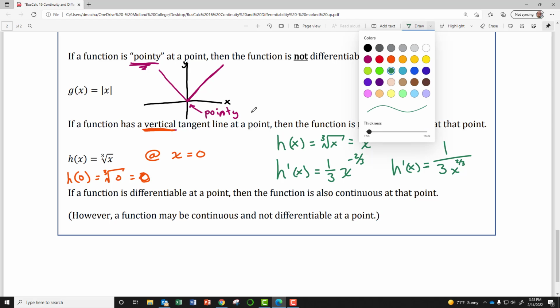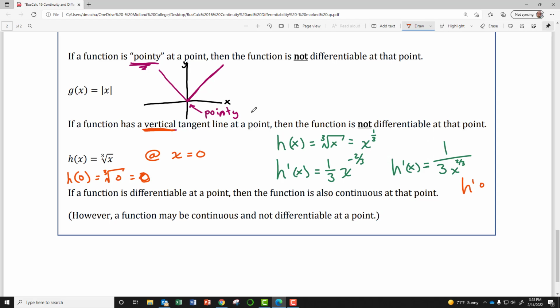Okay, so where you run into an issue is if I try to take the derivative at the point x equals 0. At the point x equals 0, we're talking about 1 over 3 times 0 to the power 2/3, and 0 to the power 2/3 is 0, 3 times 0 is 0, and so this derivative is going to be undefined there.